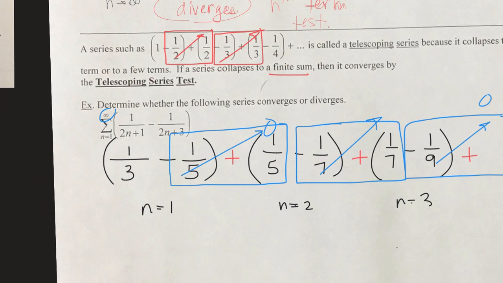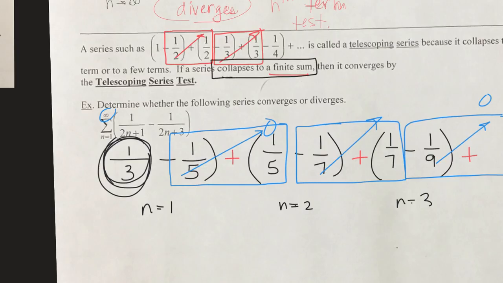So what is our first term here? It is going to be 1/3. If it collapses to a finite sum, then it converges by the telescoping series test.